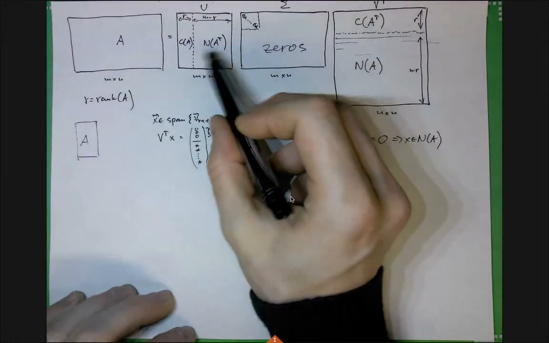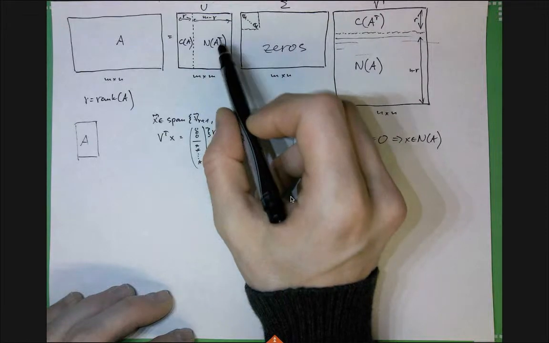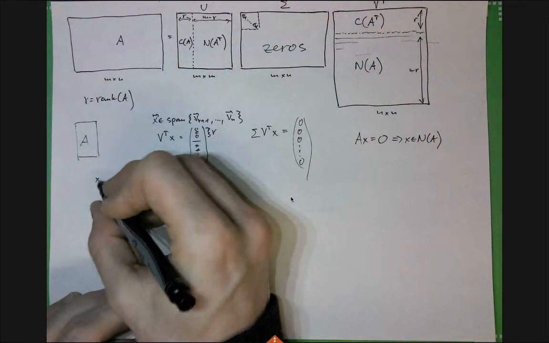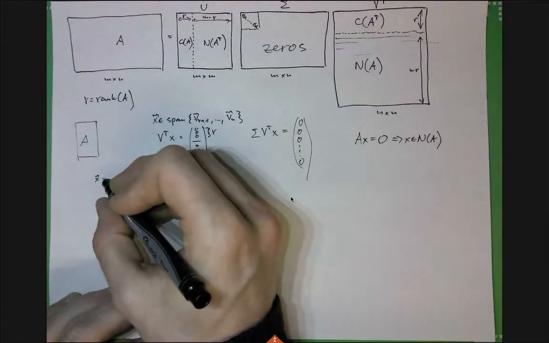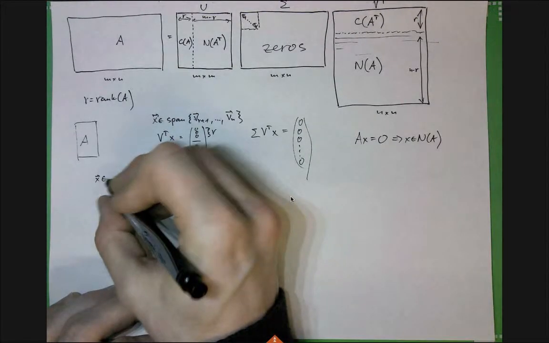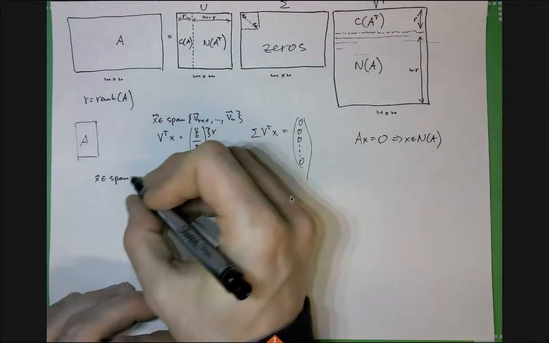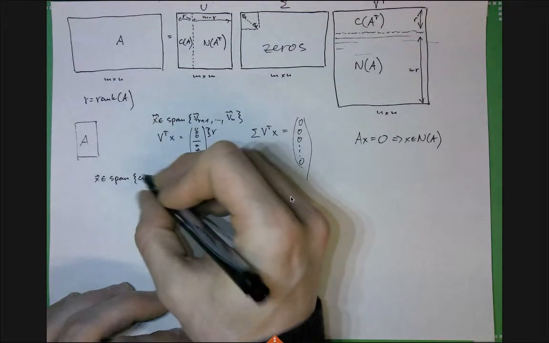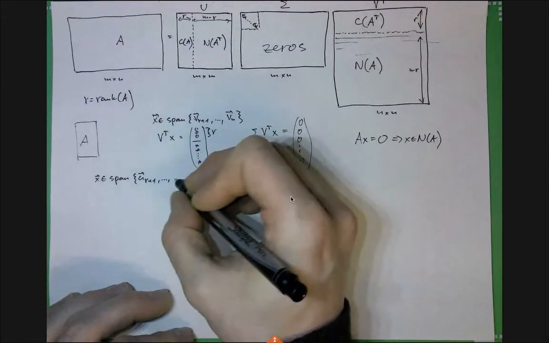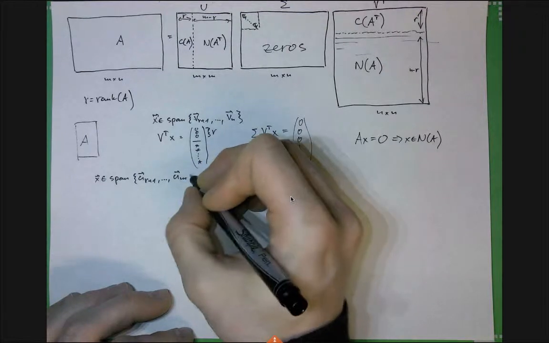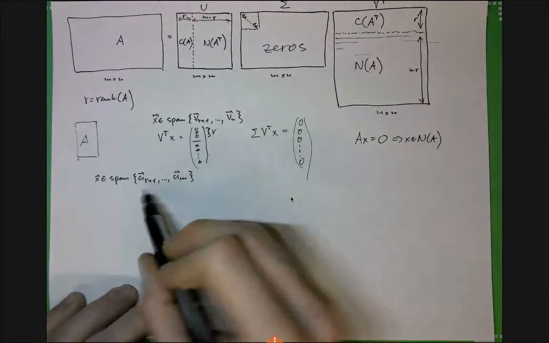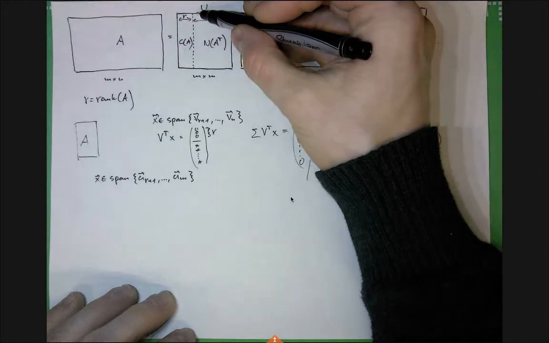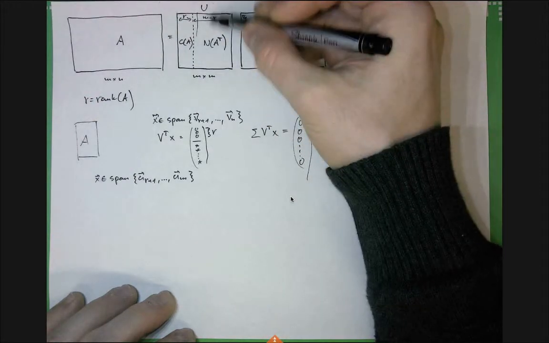Very similar argument works from the left side. So if I take a vector x, maybe I should call it y, but you can surely figure it out. So if that's a linear combination of U_{R+1}, now there is a different number of them. Now it goes to m instead of n. So this means it's a linear combination of these column vectors, right?